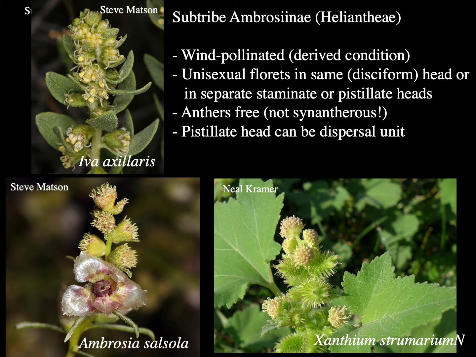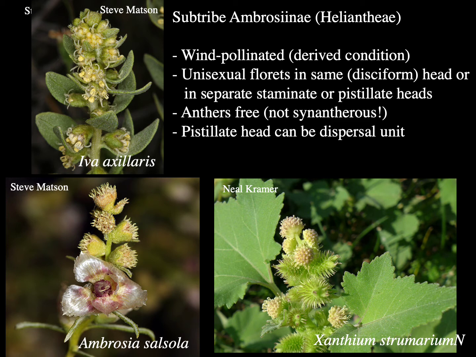And as you know from many different plant families, shifts to wind pollination can lead to a cascade of evolutionary changes promoting wind pollination that have led to a lot of taxonomic confusion. And in fact, Henri Cassini felt that the ragweed group represented a separate tribe from the Heliantheae and excluded it.